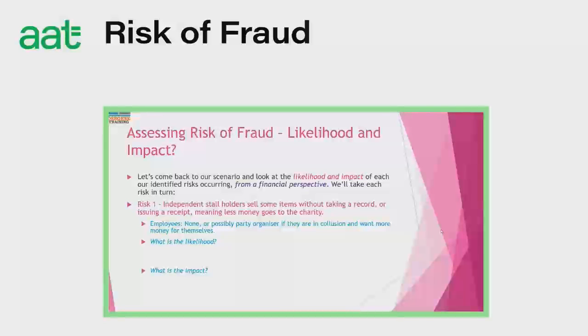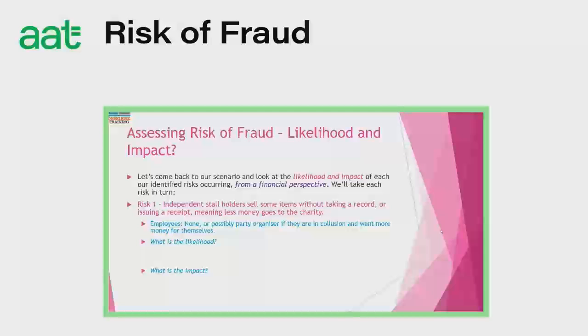As I say, I'm just a little bit conscious of time, but thinking about our first risk that we looked at, which is a reminder, independent stall holders sell some items without taking a record or issuing a receipt, meaning that less money goes to the charity.